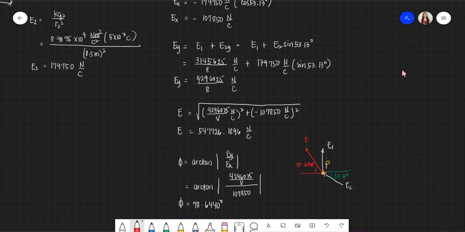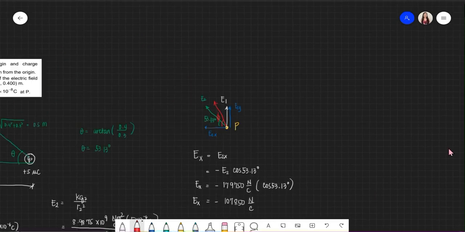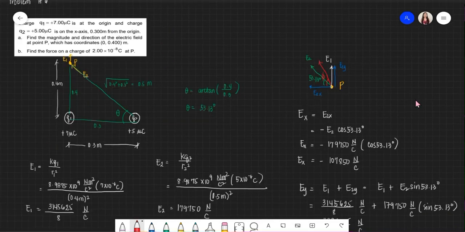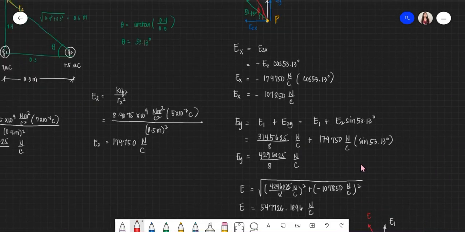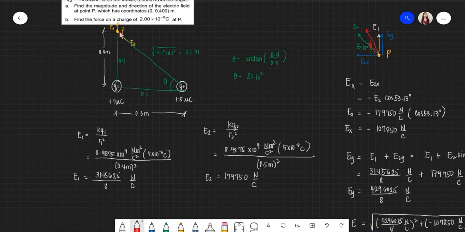Okay, and to answer the next question, find the force on a charge of 2 times 10 to the negative 8 coulombs at P. So if we put a charge here, 2 times 10 to the negative 8, how much force will it experience?